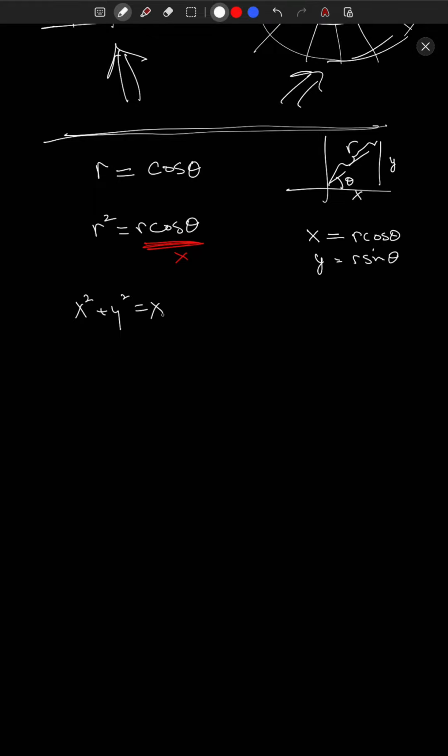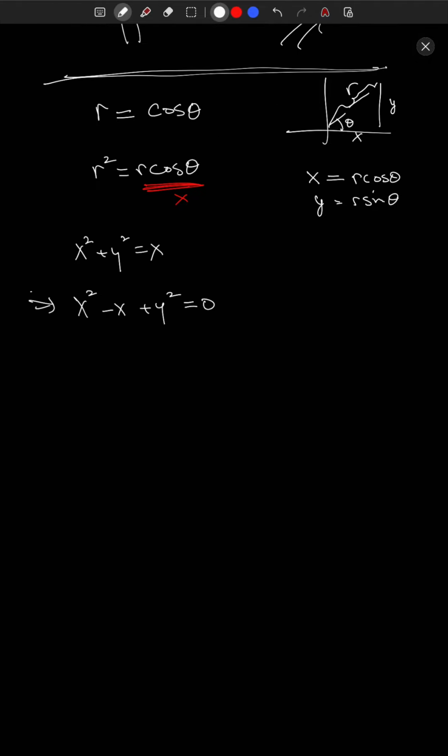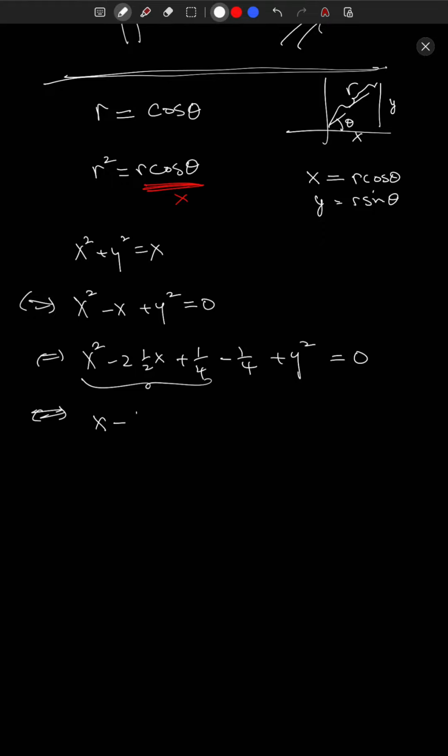So this one actually turns out pretty nice. And in fact, if you think about this even harder, this is x squared minus x plus y squared equals 0. And then if we complete the square, this is x squared minus 2 times 1/2 x plus 1/4 minus 1/4 plus y squared equals 0. The reason I did that is because these three go together as x minus 1/2, whole thing squared. And I got a minus 1/4 and a plus y squared equals 0.